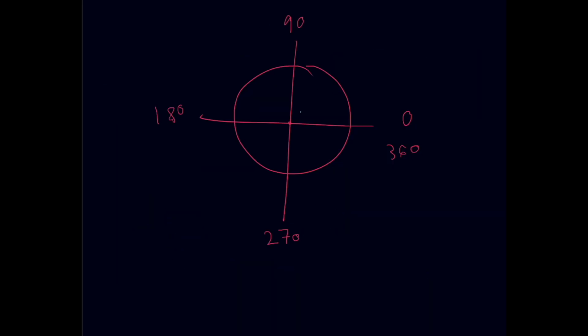Okay, so just to recap, what you have now is a circle where the center point is 0, 0, and the radius is 1. And both of these are just by convention. It just makes things easier. There's not really a specific reason why they are that. It just makes the math simpler. And ta-da! This is the unit circle.